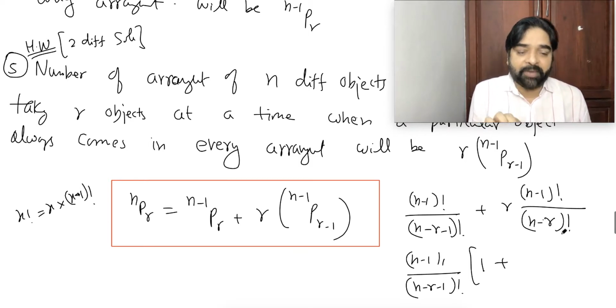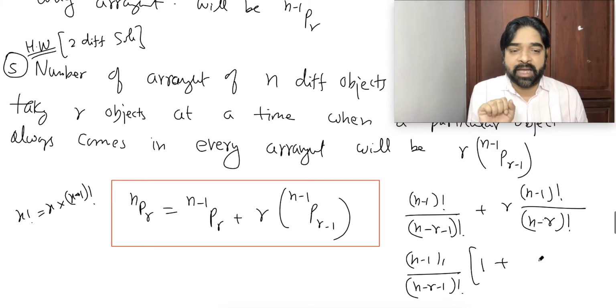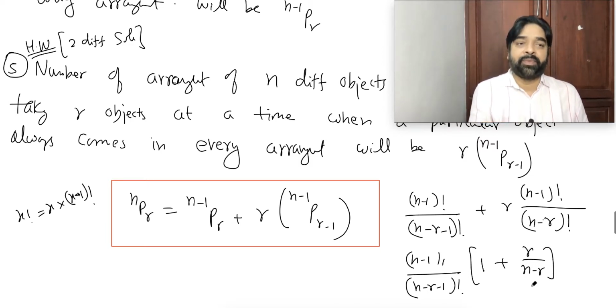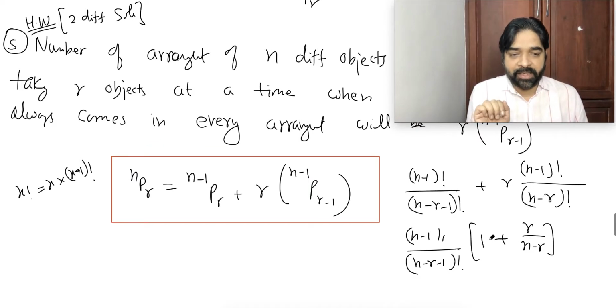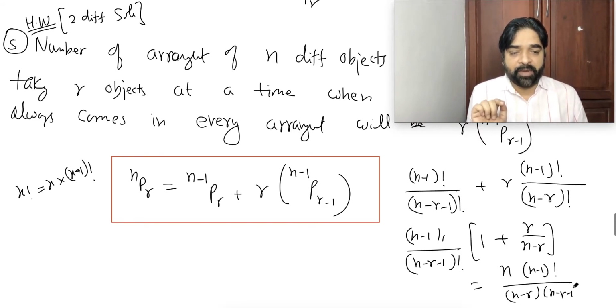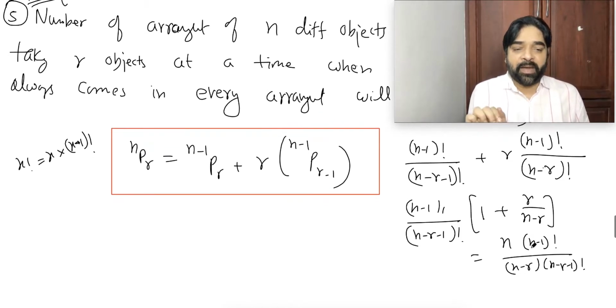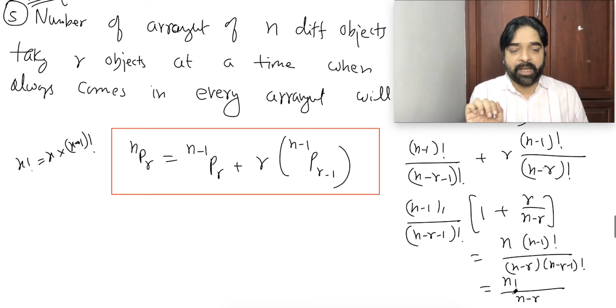N minus R factorial I can write as N minus R into N minus R minus 1 factorial, because x factorial is x into x minus 1 factorial. N minus R minus 1 factorial is already outside. So R by N minus R will be left. If you take the LCM, R will be N by N minus R, so this is N into N minus 1 factorial by N minus R into N minus R minus 1 factorial. The numerator becomes simply N factorial and the denominator becomes simply N minus R factorial. And that is nothing but NPR.